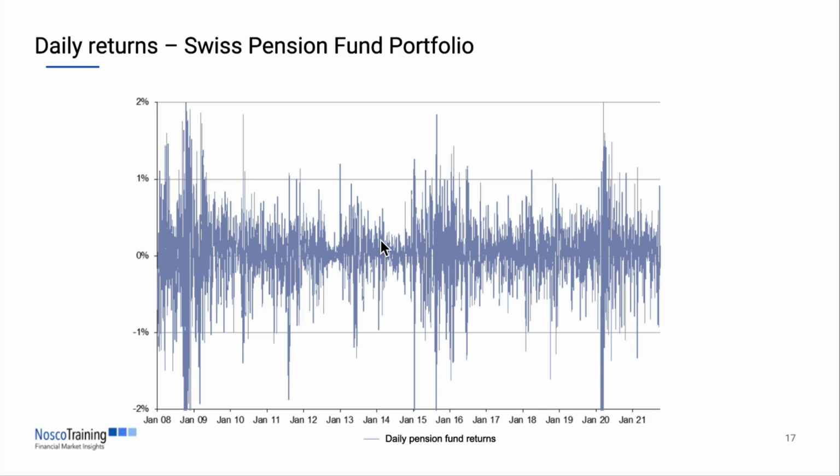Now, we already talked about that when we talked about volatility, remember. How does standard deviation scale with time? Volatility is an annualized standard deviation of returns. So how much the returns typically fluctuate within a year.